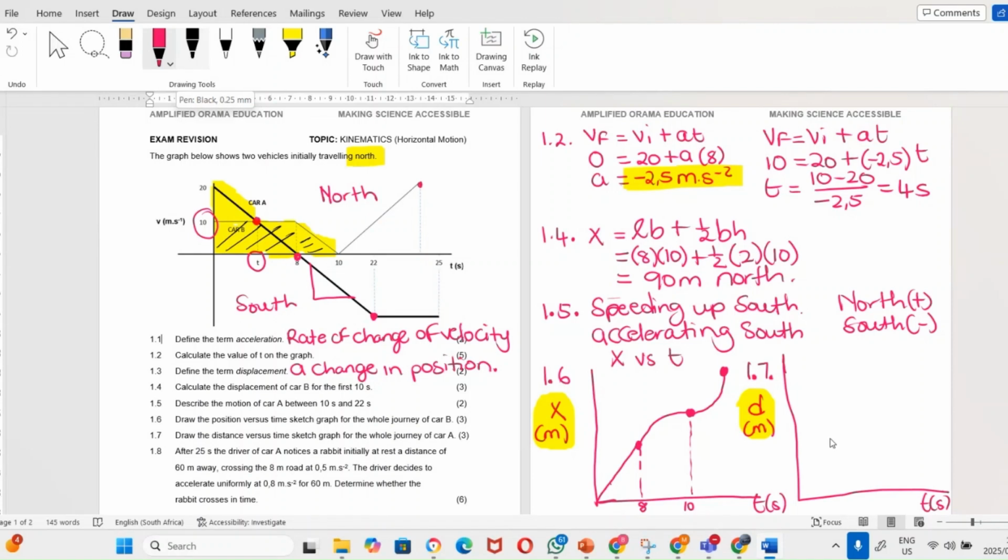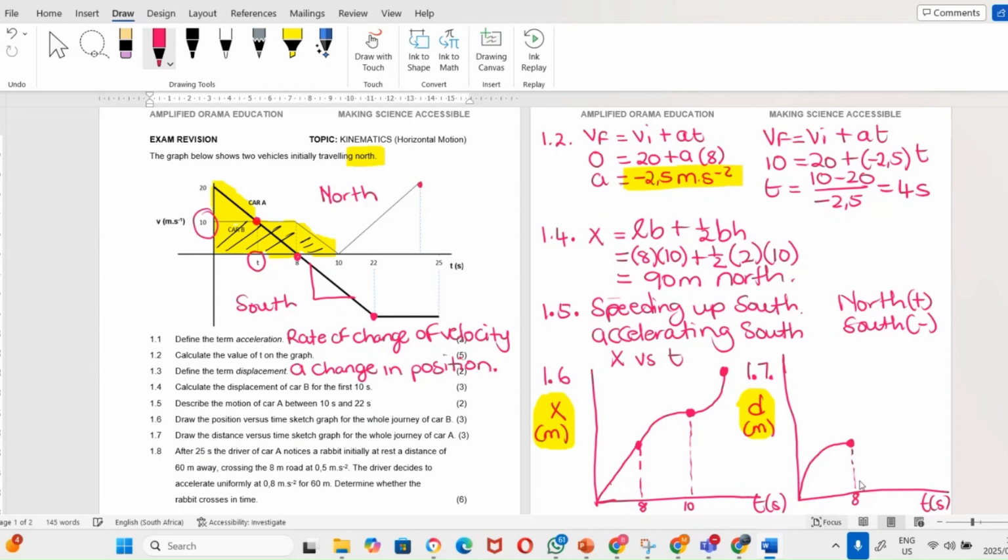So we can see that A starts off by just slowing down. It was moving at a velocity of 20 meters per second to a velocity of 0. This would be the 8th second. And then it starts speeding up south.